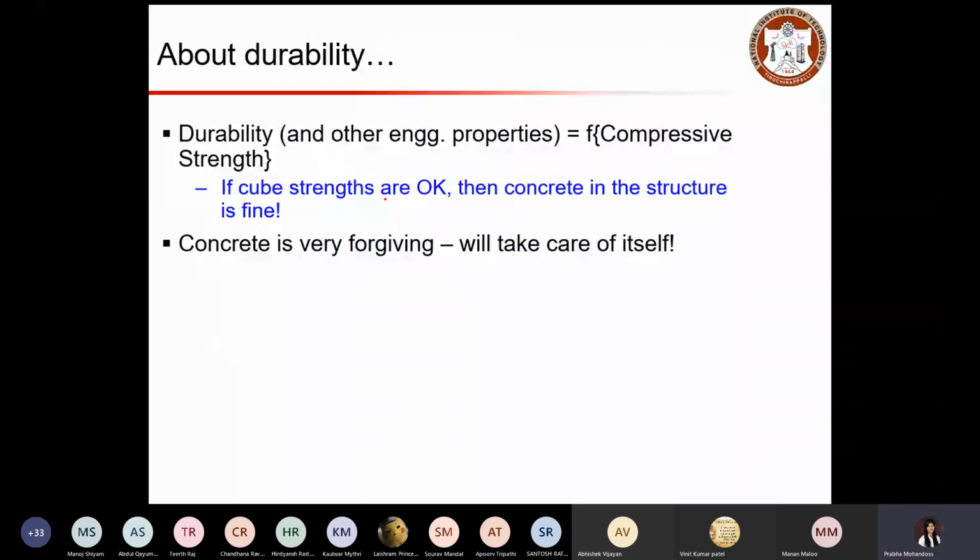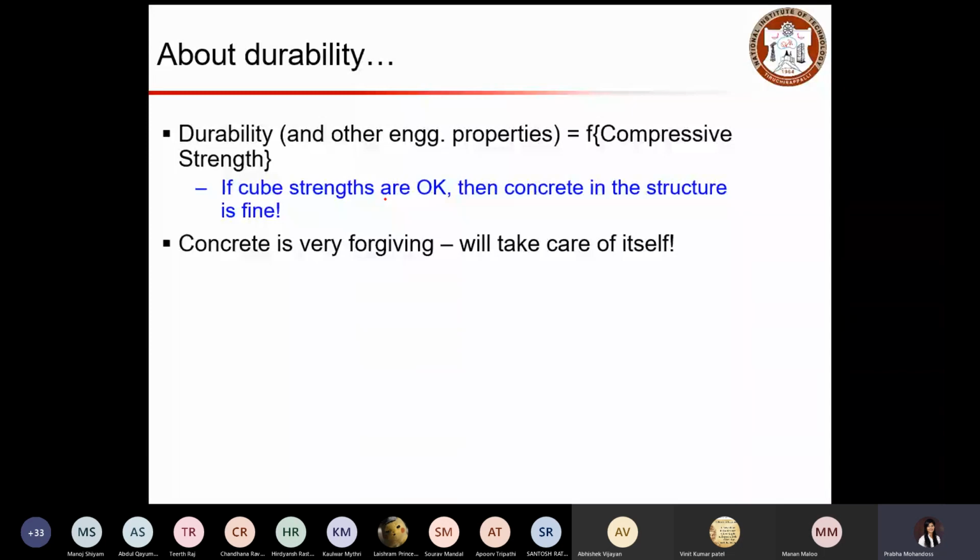Most often when durability had to be considered, it was thought that durability is a function of the compressive strength of concrete. So if the cube strength of the concrete passed, then automatically it was assumed that your concrete in the structure is safe. But most often that is not the case. One good property of concrete is that it is very forgiving.